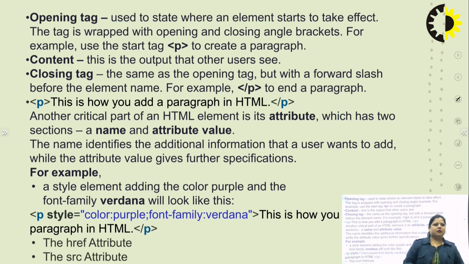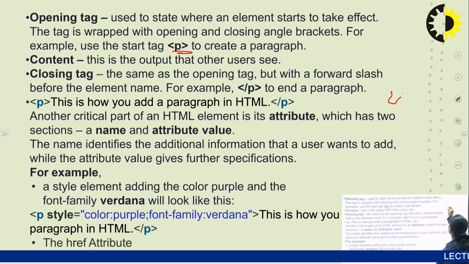So there are some predefined tags by which we can design our HTML page or web page. That is the opening tag. Whenever we start to code any HTML page, it is used to state where an element starts to take effect. The tag is wrapped with opening and closing angle brackets.